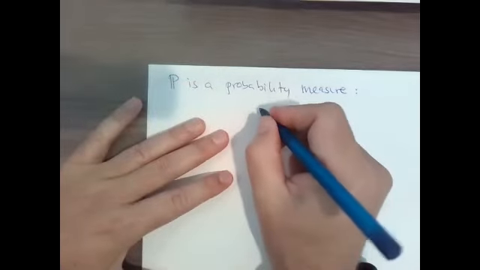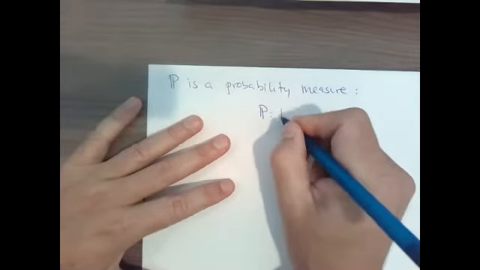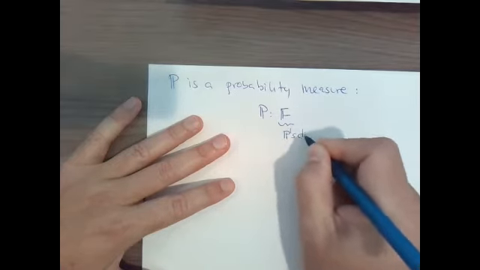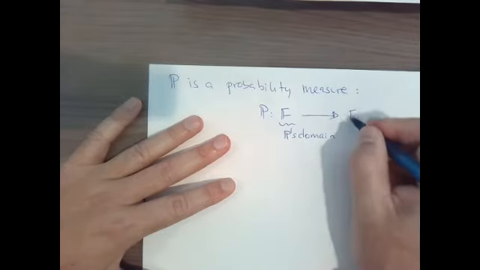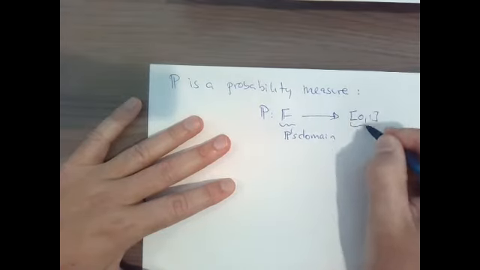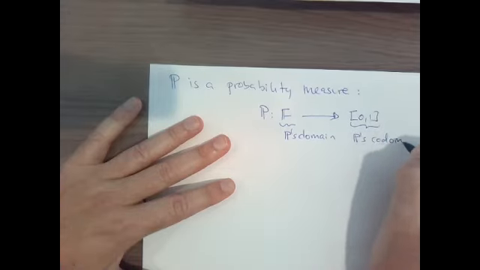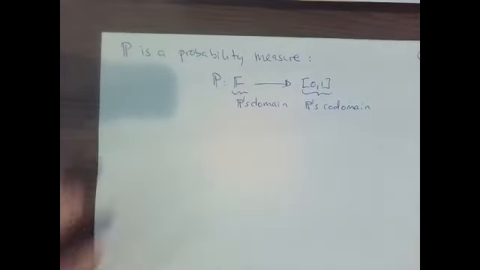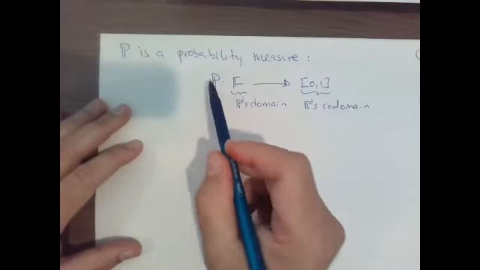P is a probability measure. Well, so that means that it's a function. Its domain is F. This here is P's domain. And its codomain is the interval 0 to 1. This is P's codomain. Okay, so it's a function. You're allowed to put sets in the sigma algebra F into it.